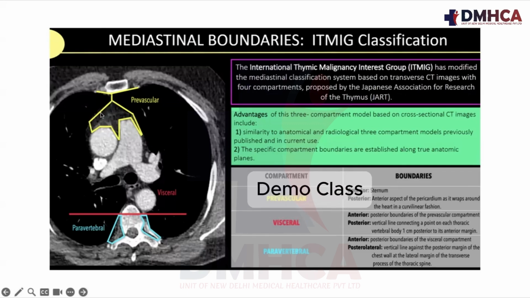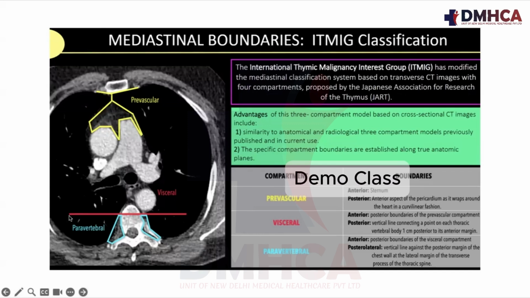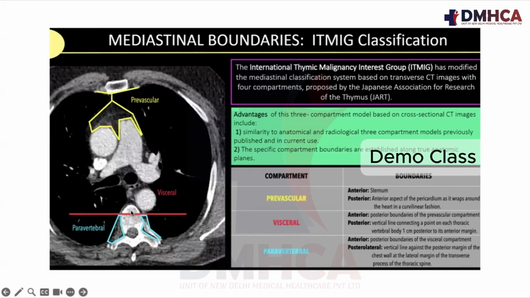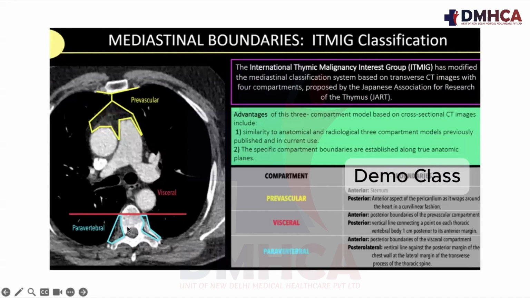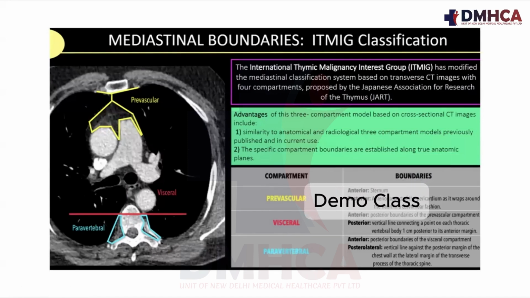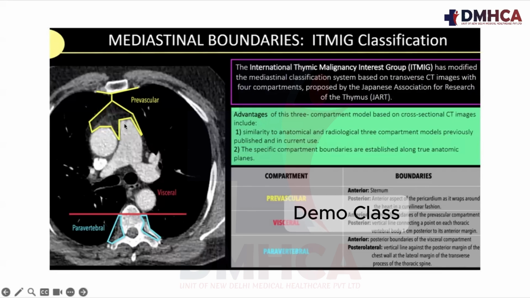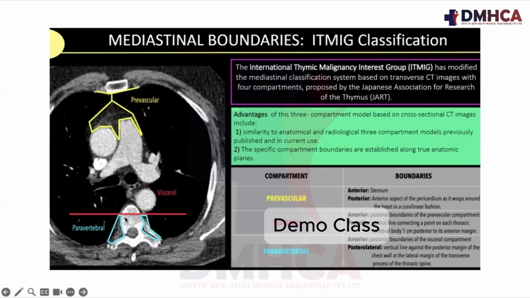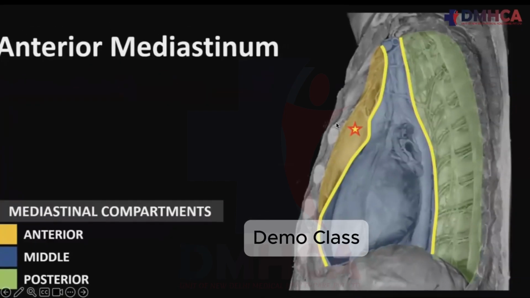Posteriorly, they draw a line on the vertebral body approximately 1 centimeter from the vertebral body. The area behind it is all the posterior mediastinum, now also called the paravertebral compartment.